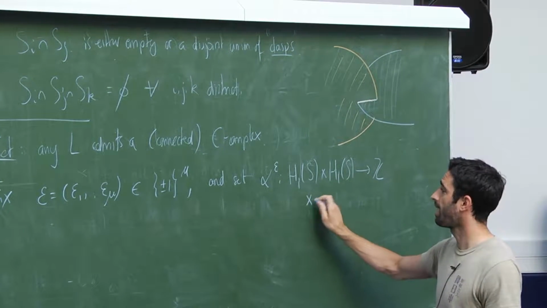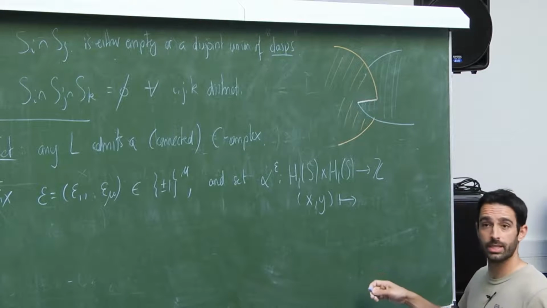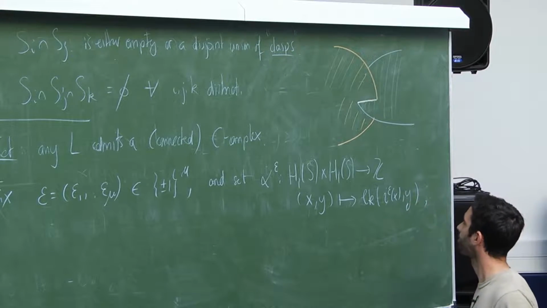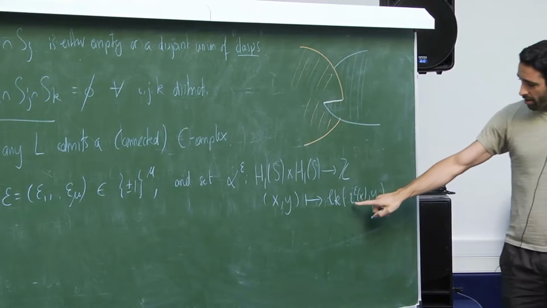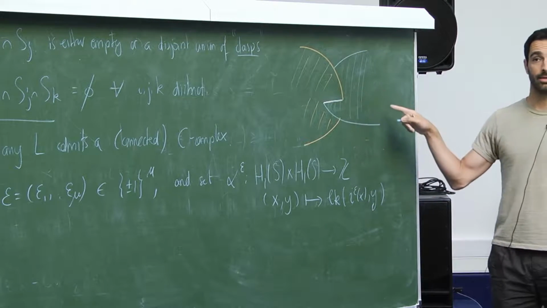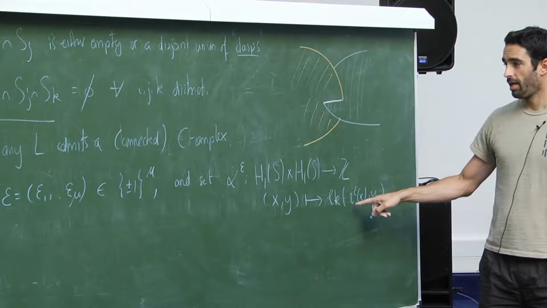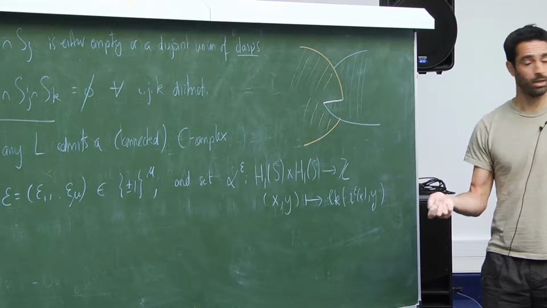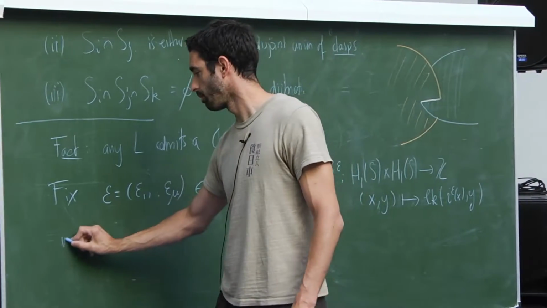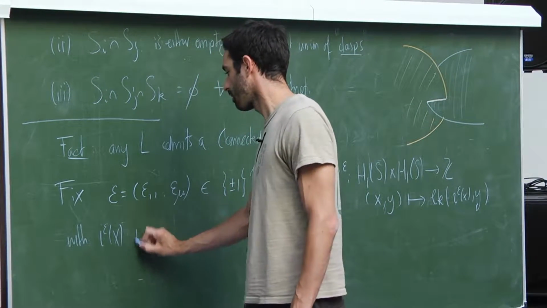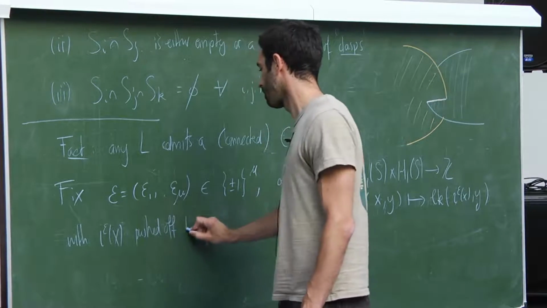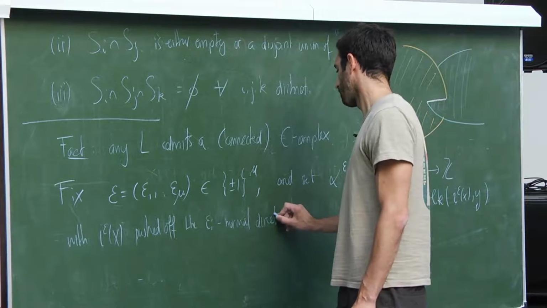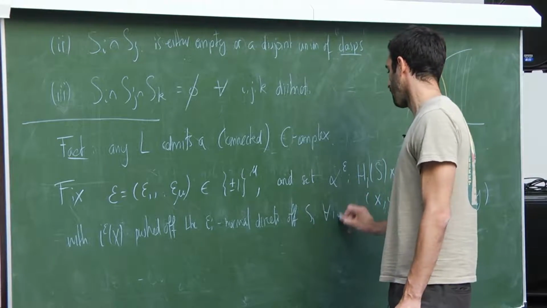Whenever I have a cycle X and a cycle Y, I associate the linking number of i epsilon X, Y, where i epsilon X denotes the cycle X pushed off in the epsilon i normal direction of S i, for each i.